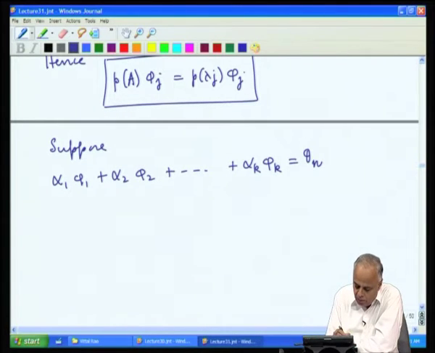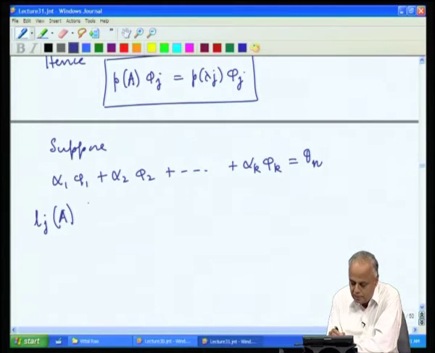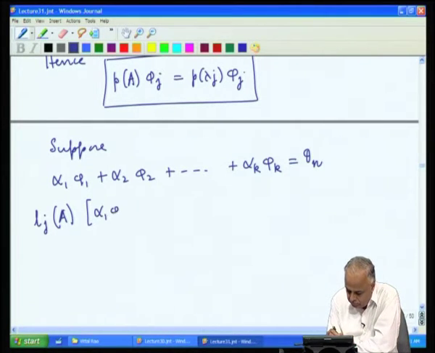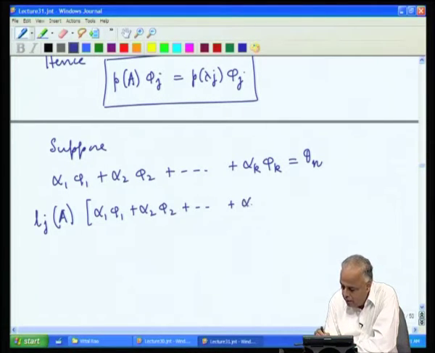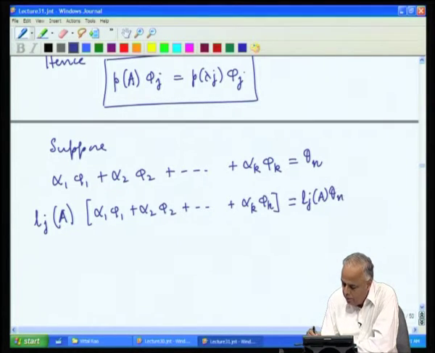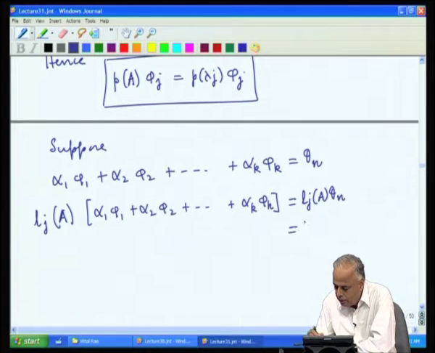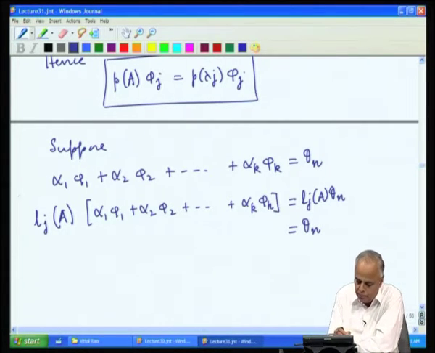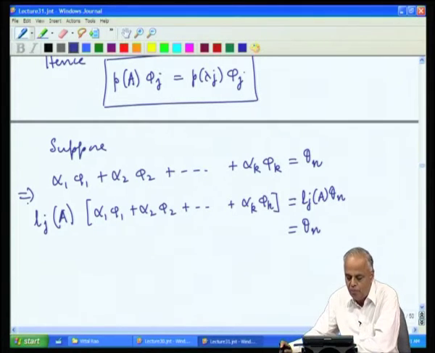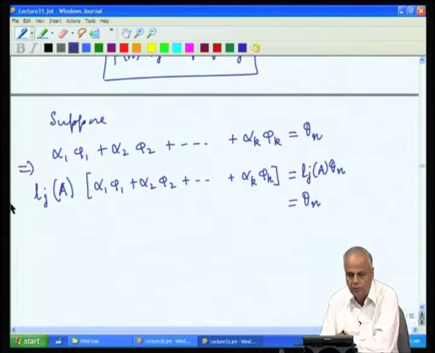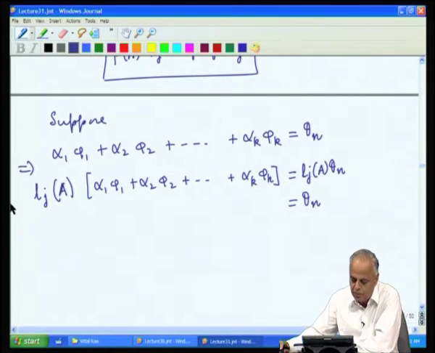Now, what we do is we multiply both sides by the matrix Lⱼ(A), where Lⱼ is the jth Lagrange interpolation polynomial. That will be Lⱼ(A) into θ_n, but any matrix multiplying the 0 vector gives the 0 vector. So, if α₁φ₁ plus α₂φ₂ plus ... plus α_kφ_k is 0, then Lⱼ(A) of this must be 0.